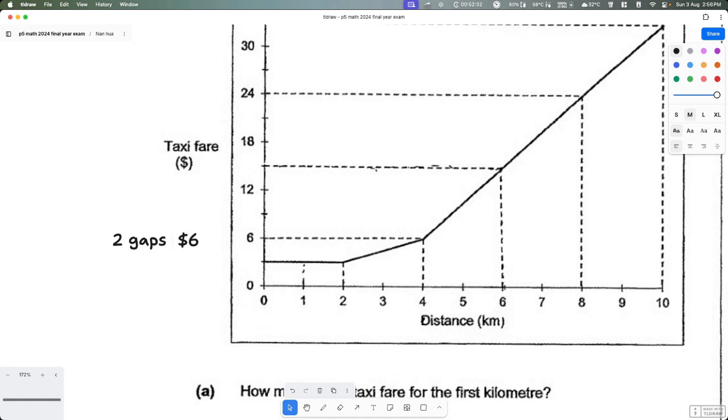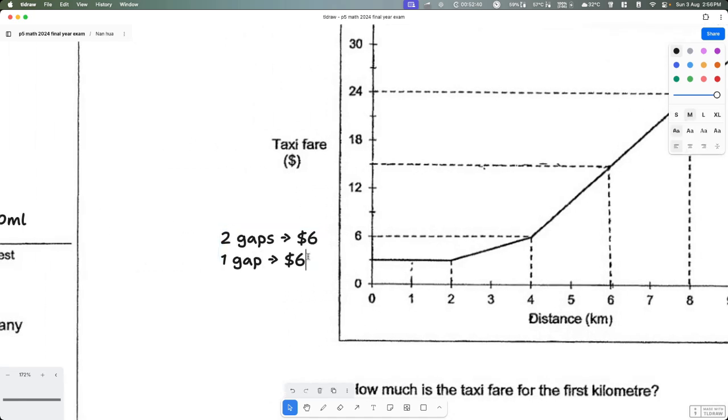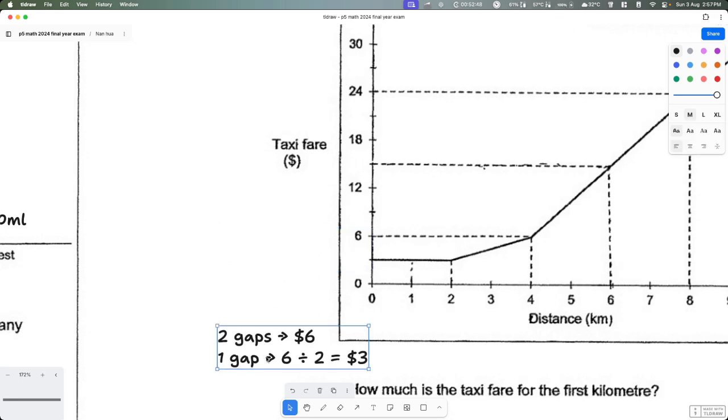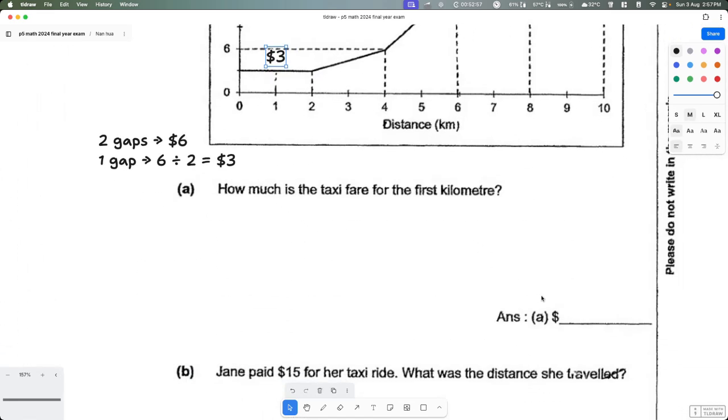One gap is 6 divided by 2, which gives us $3. So 1 kilometer is $3.